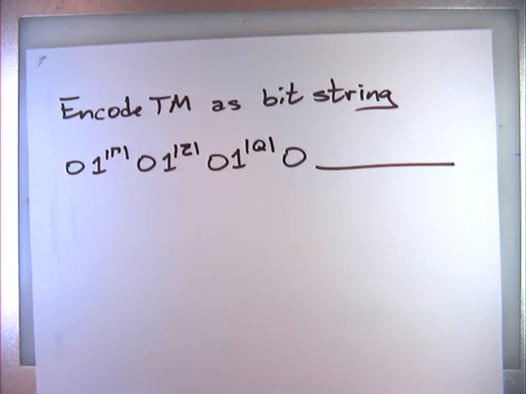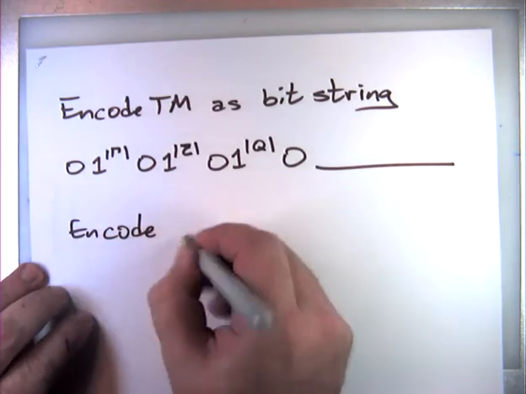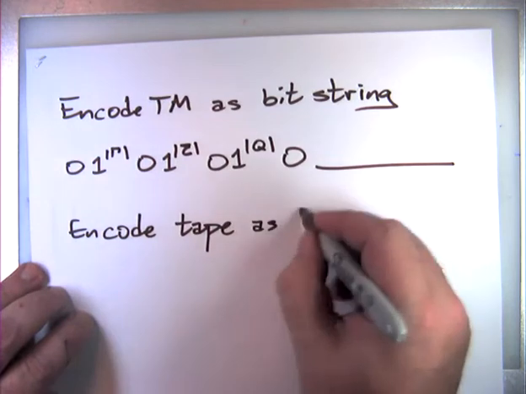So I write down, if I'm in state 1 and I read symbol 3, I should move to state 5 and write down symbol 6 and move to the left. Each of those bits of that quintuple will be written down as a pattern of bits. And then I'll encode the tape for this Turing machine as a bit string.